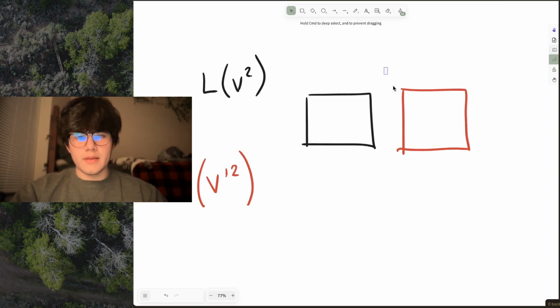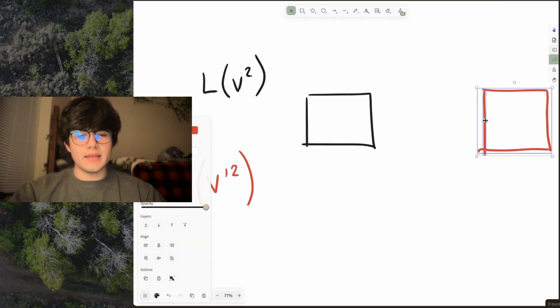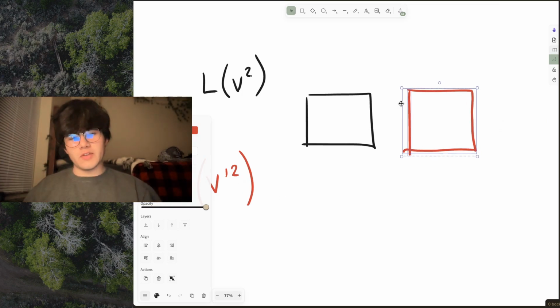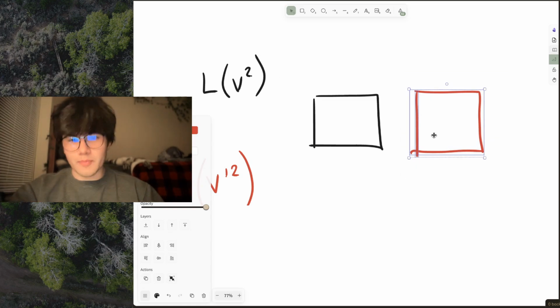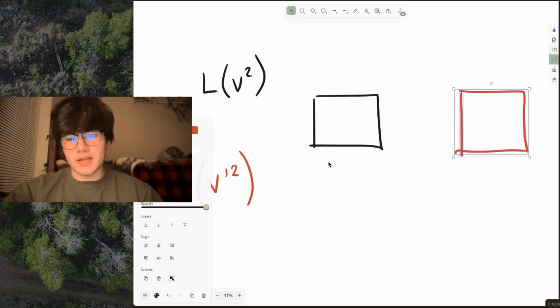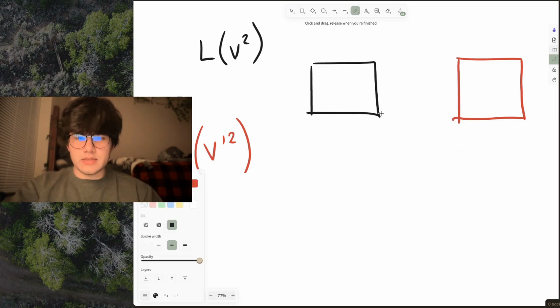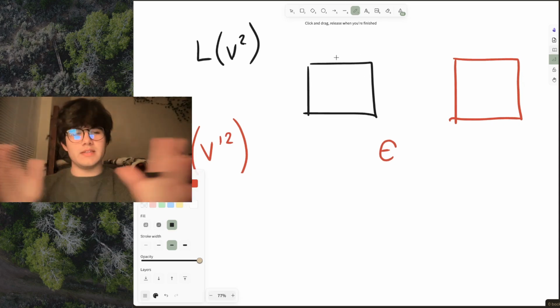This other system is moving ever so slightly faster. These both could be moving, but this red one, the prime, is going to be moving a little bit faster. And that difference in velocity is something we call epsilon. So this epsilon is this tiny difference in velocity between these two frames.